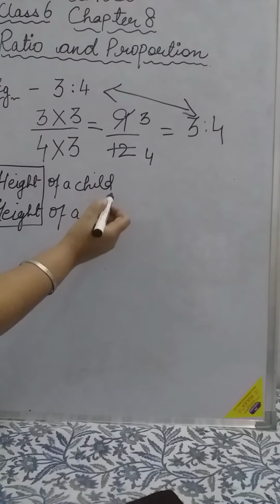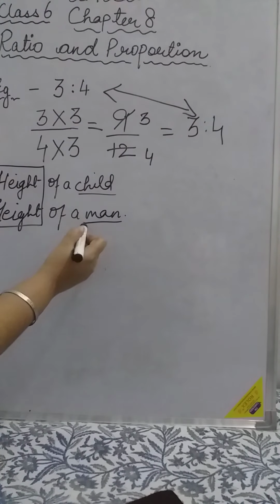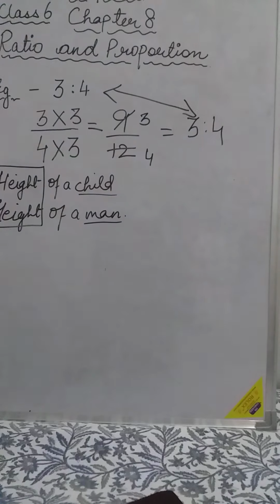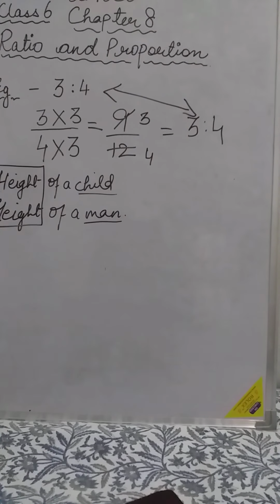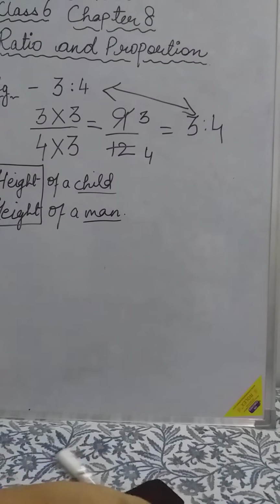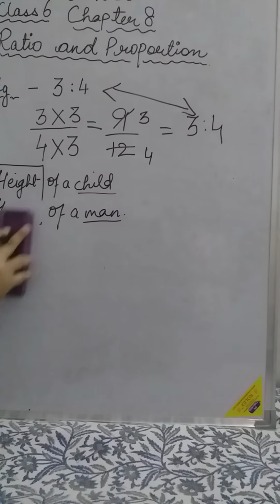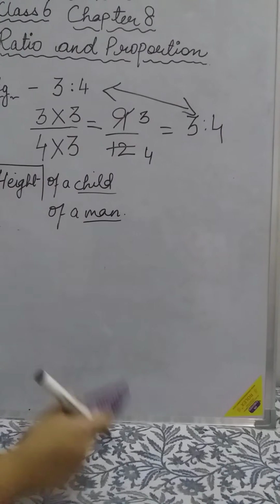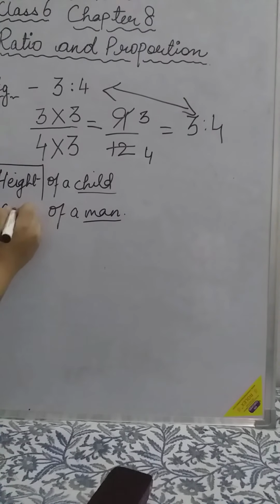You are measuring the height of a child and the height of a man, and what is common between them is height. Now if I change this height to the weight of a man, are they the same?